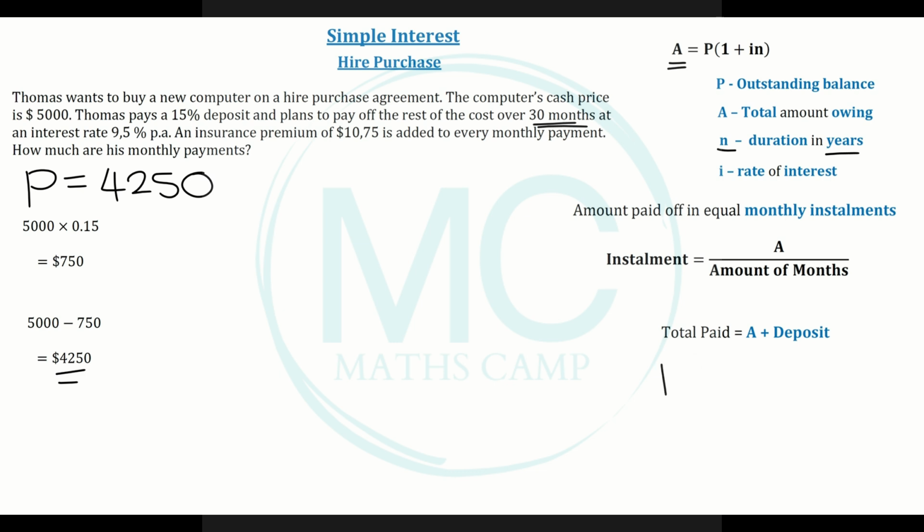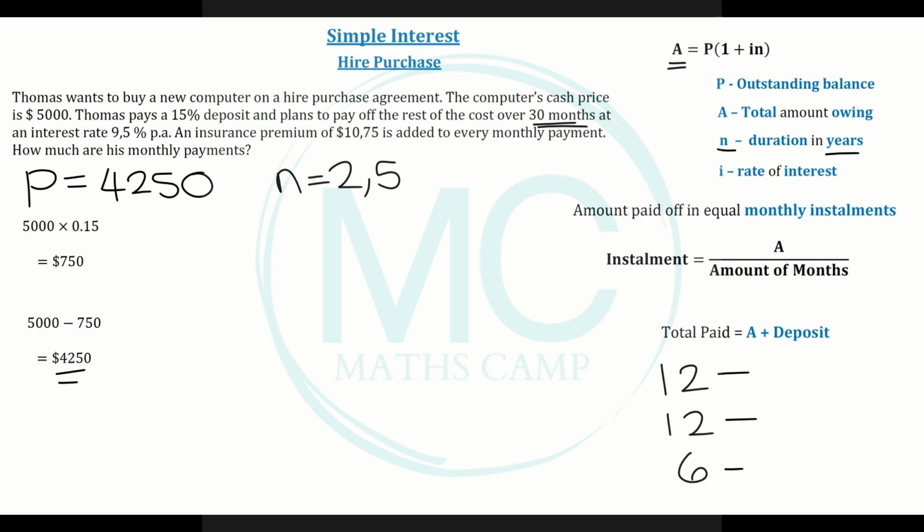Well, 12 months is 1 year. Let's add another 12 months. That's 2. 12 plus 12 is 24. And if we add 6 months, we get 30. So we have 1 year, 2 years. 6 months is half a year. So N is 2.5 years. We can say N is equal to 2.5.